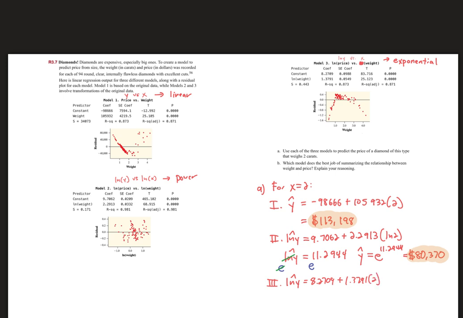So that's what ln y equals. If we simplify that, ln y predicted will be 11.0291. And then y hat equals e to the 11.0291, just like the last one, which equals 61,642.